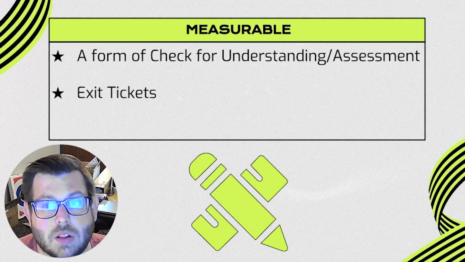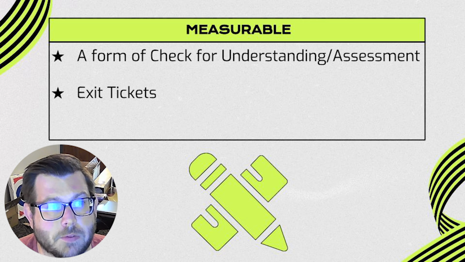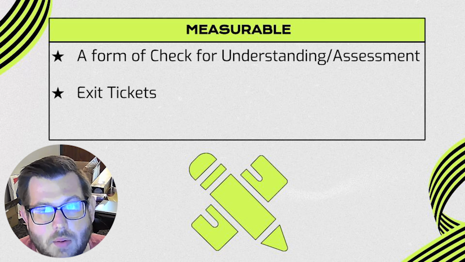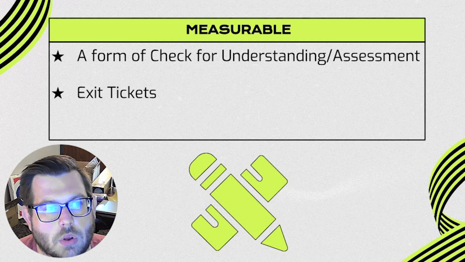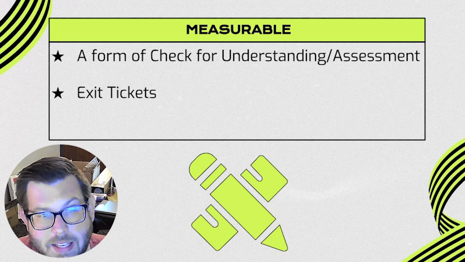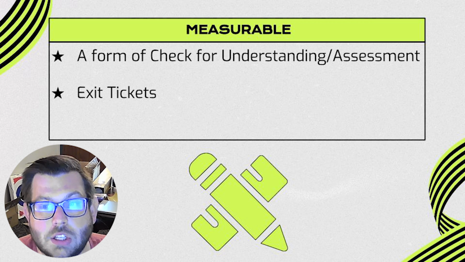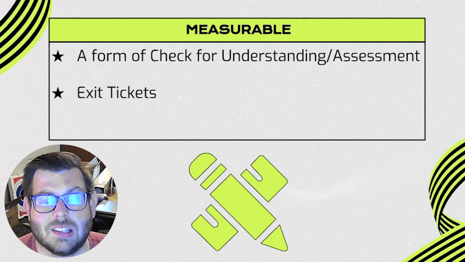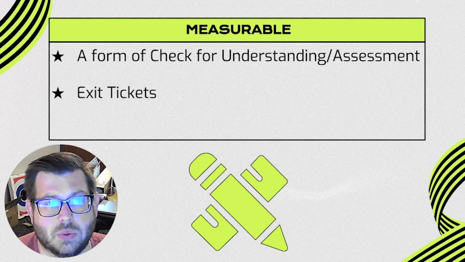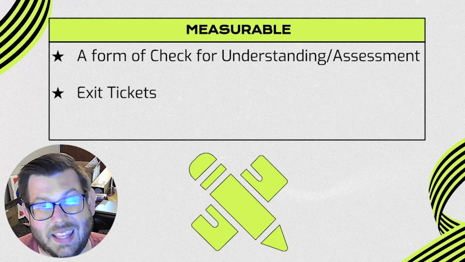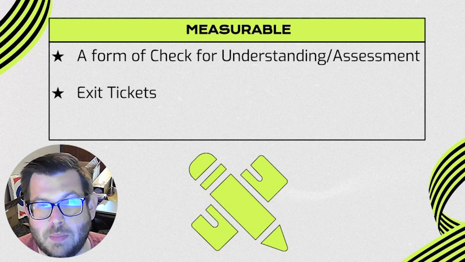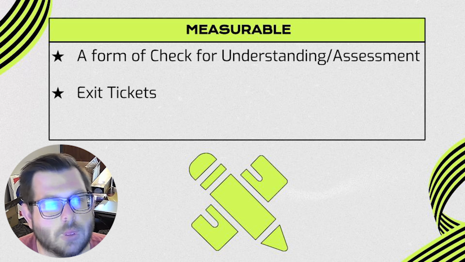You can still measure for success using some formative techniques. For instance, check for understanding throughout. You can use exit tickets at the end of the lesson. Just make sure that your exit tickets are aligned with your objective to ensure that you are measuring your students' ability to meet the objective, and not necessarily to meet the activity or to see how far they got in an activity.